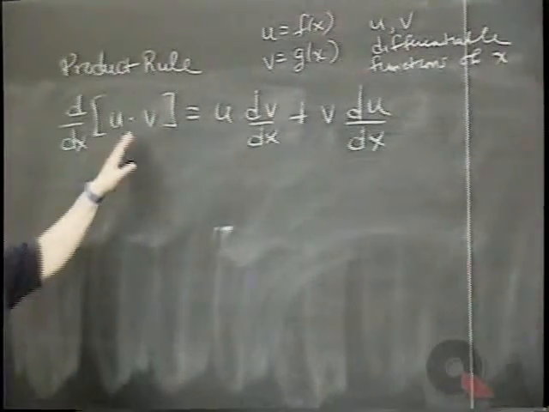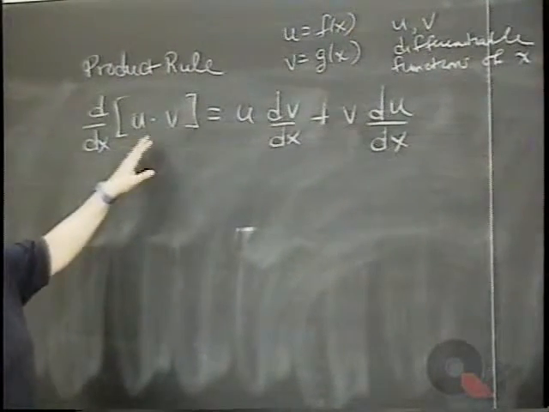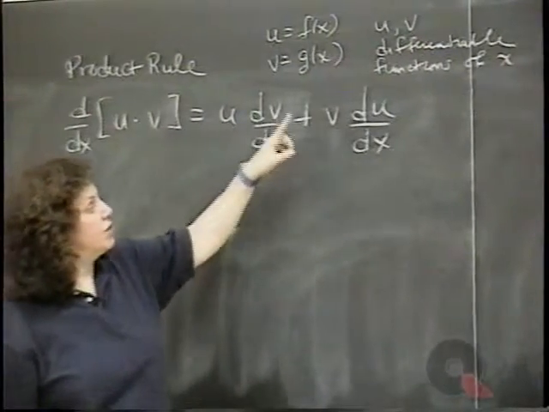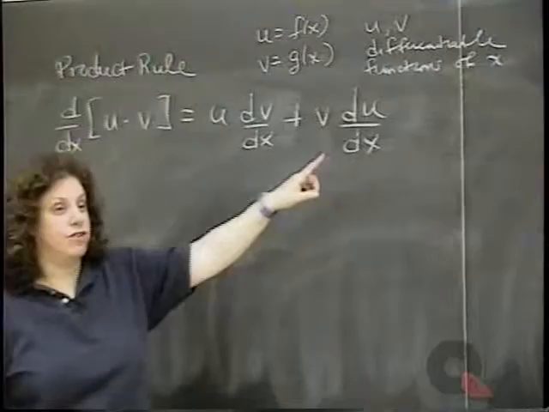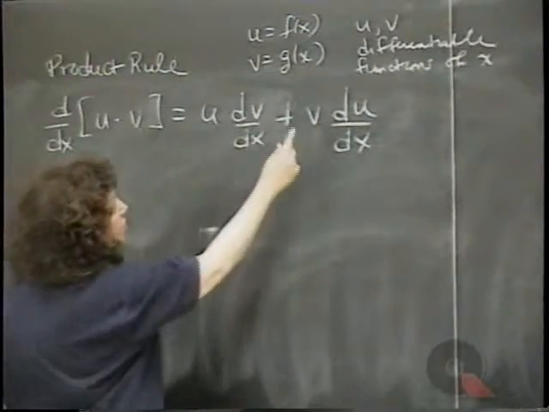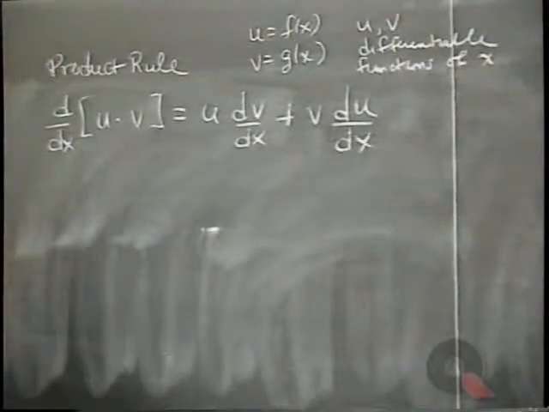The derivative of a product of two differentiable functions of x would be the first function times the derivative of the second with respect to x, plus the second function times the derivative of the first with respect to x. The derivative of a product is the first times the derivative of the second plus the second times the derivative of the first.